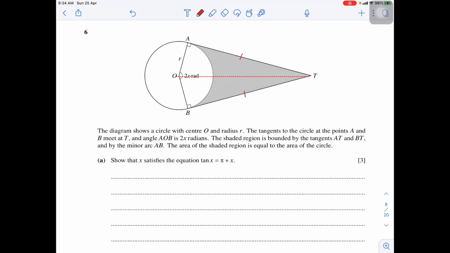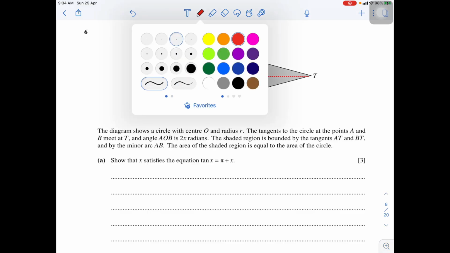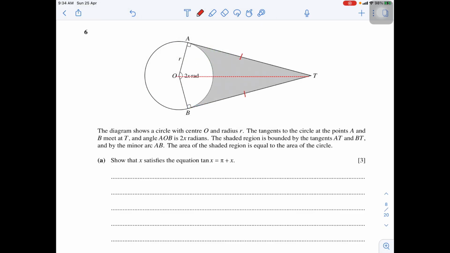So the first thing I know is these two are equal, right? And then I can draw a line so that I can divide it into a right angled triangle. So I'm drawing that right angled triangle there. That's O, A, B and T. That's r.